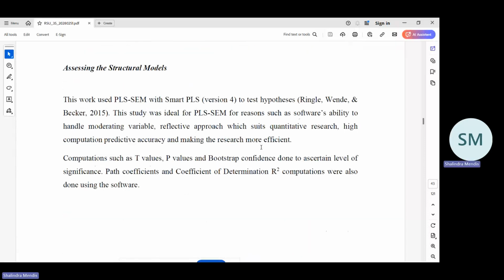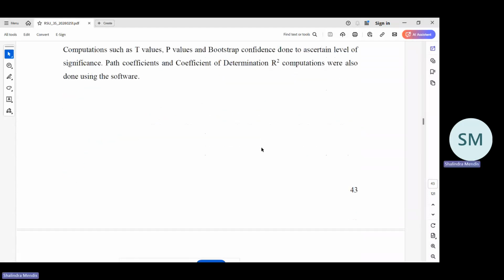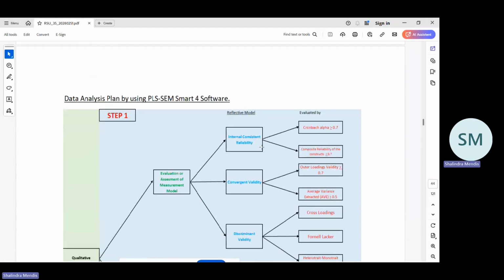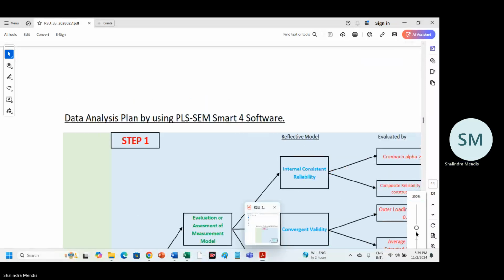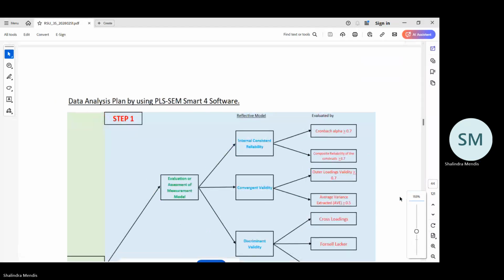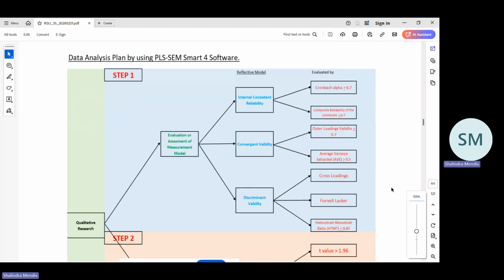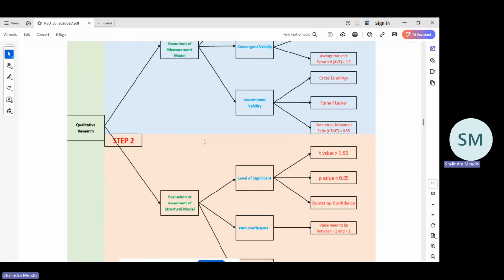And the structural model is p-values, bootstrap, and R2, and path coefficients. This is the basic plan. Step 1 is to evaluate the measurement model, then the structural model.